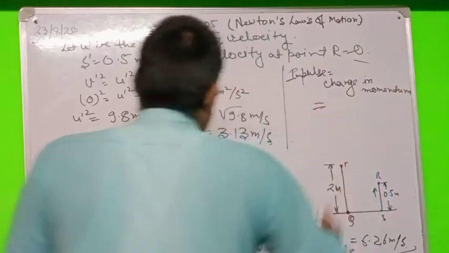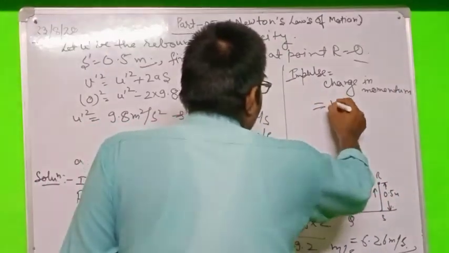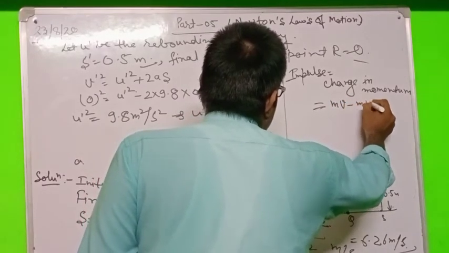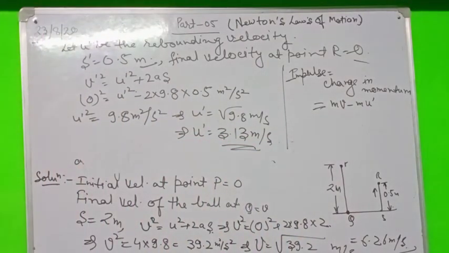Change in momentum is equal to mv minus mu dash.